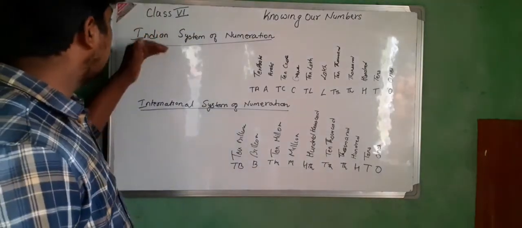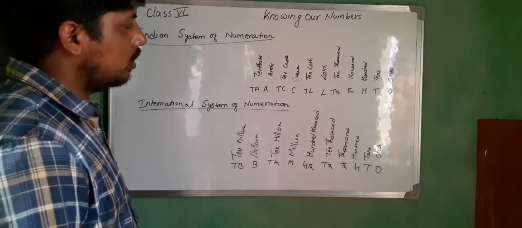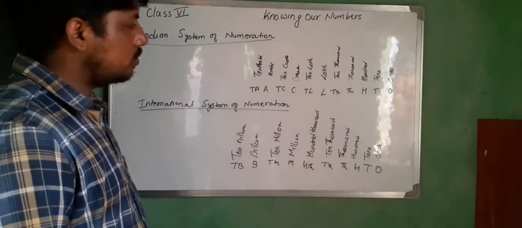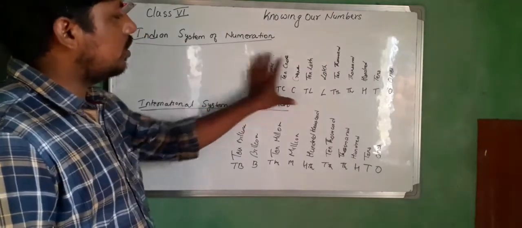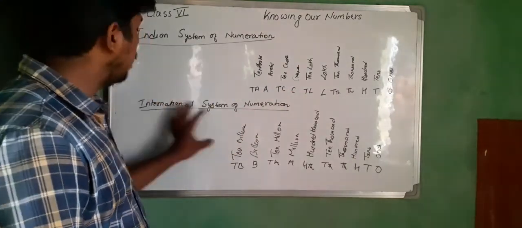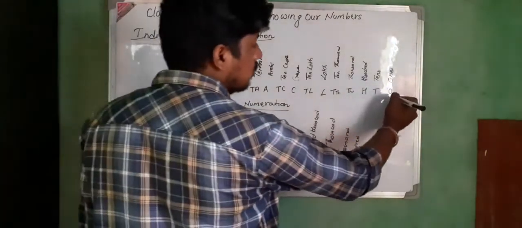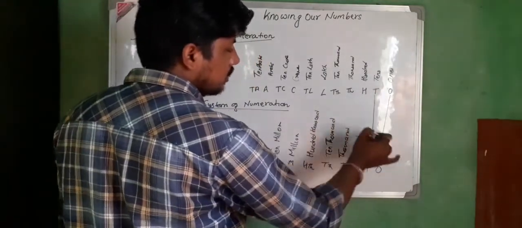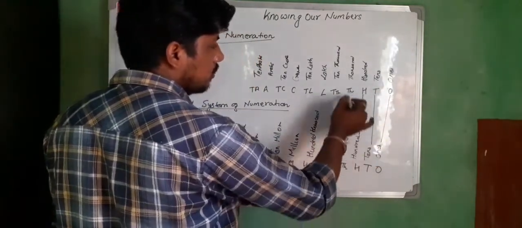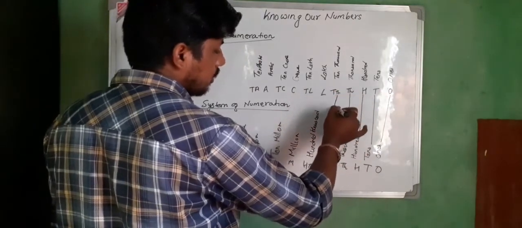So let's compare these two: the Indian system of numeration and the international system of numeration. This is a chart. You can see how we write in the Indian system and how we write in the international system. Ones, tens, 100 and 1,000 places are the same, and 10,000 is also the same.